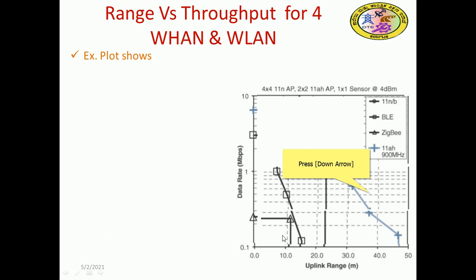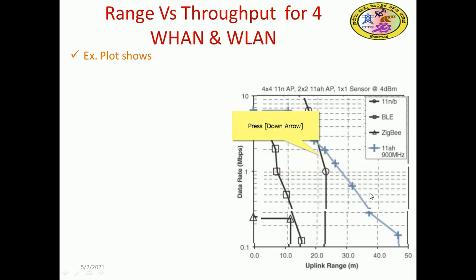So 4 technologies, 4 curves are here. Similarly, this is going to be 802.11n, 802.11, and the last one is 802.11ah. So here we see that Bluetooth started here with more data rate and falling down, right?